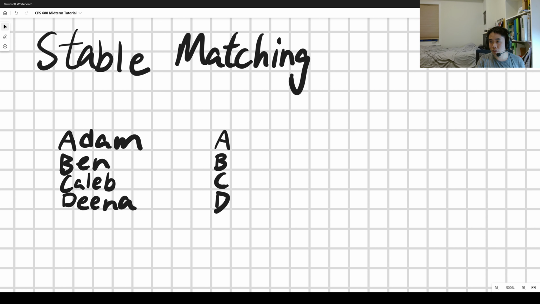Okay, so the thing about stable matching is that we need to first look at what makes a pair stable. So I'm going to take a look at the definitions.